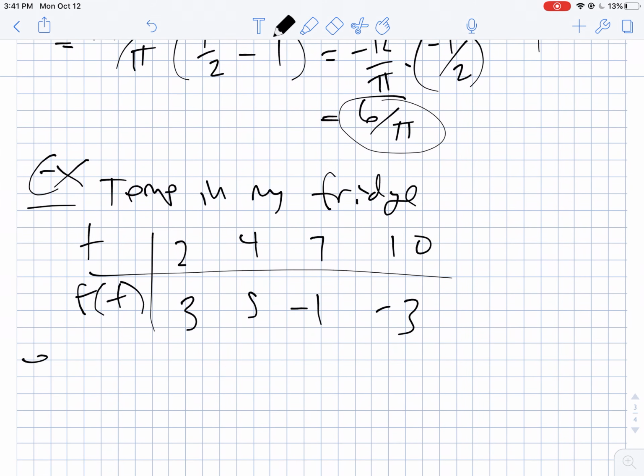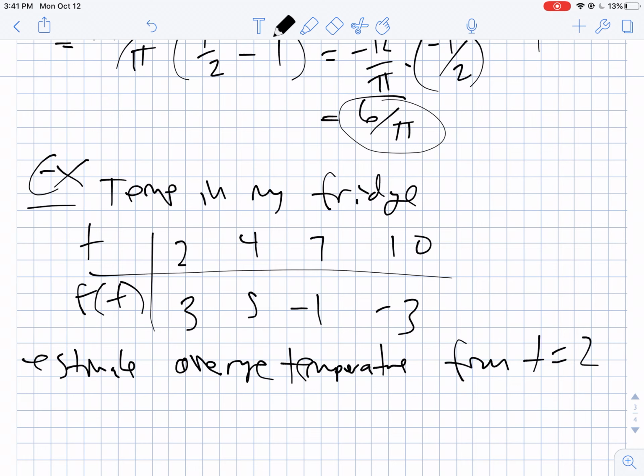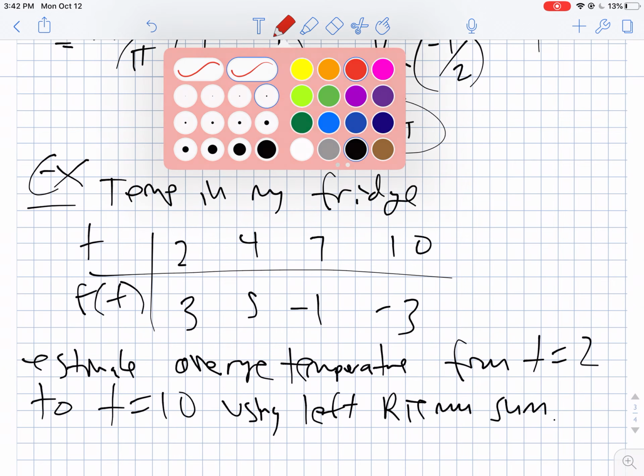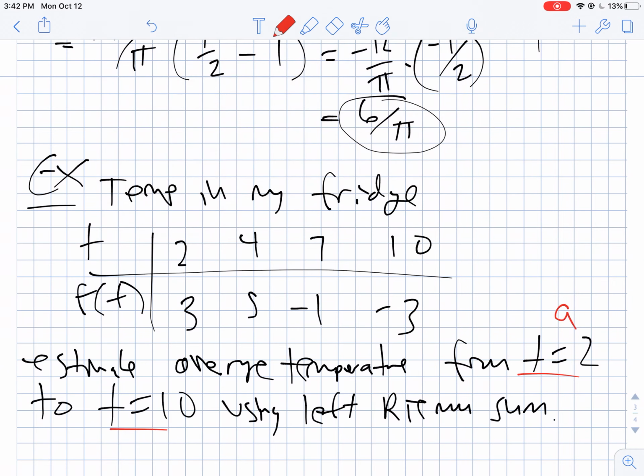And what we're going to do is estimate the average temperature from T equals 2 to T equals 10 using a left Riemann sum. Okay, so first off, the 2 and the 10, that's the A and the B in my formula.